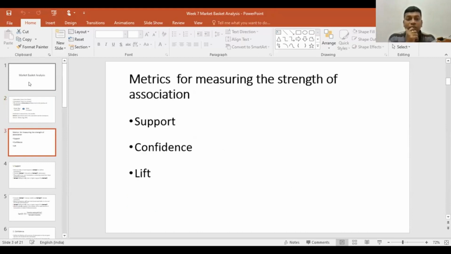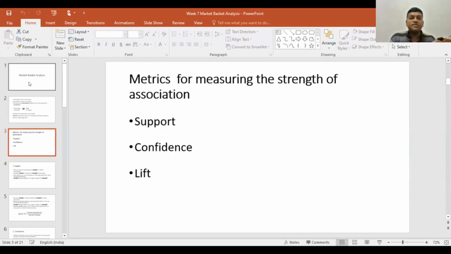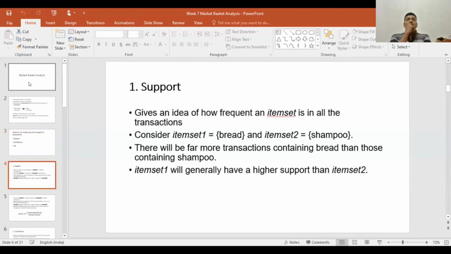Now, to measure the strength of association, we have three metrics that we use. The first is called support, the second is confidence, and the third is lift. Support roughly gives an idea about how frequent an item set is in all of the transactions. Suppose your item set 1 just has bread, because I did say that an item set could be one item or a group of items.